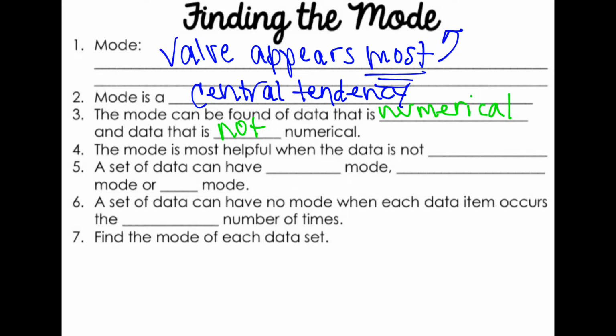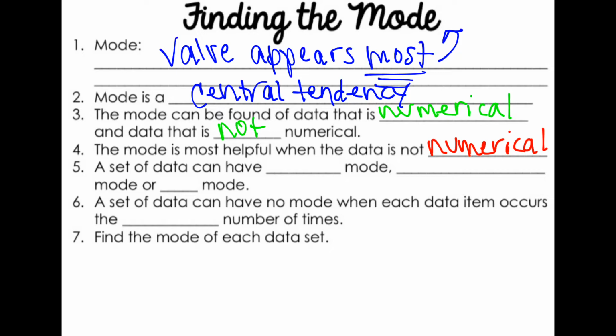The mode is most helpful when the data is not numerical. So when it's about, let's say, types of flavors of ice cream or yes or no's, things like that.